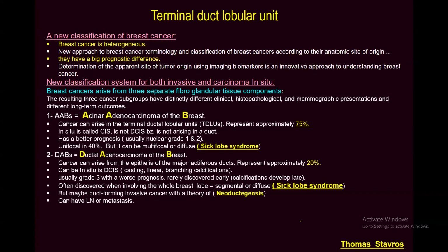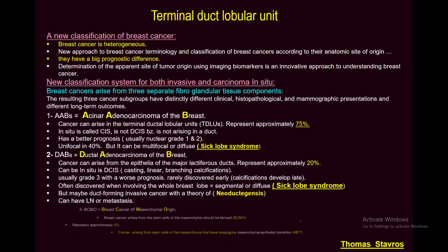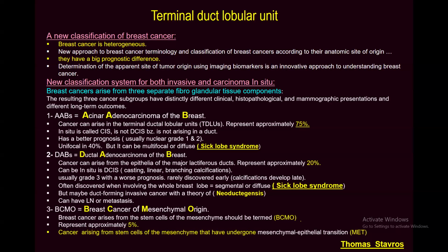But it may be a duct-forming invasive cancer, a theory of new ductogenesis, as you described just before, Dr. Nadia. We are going to discuss this area of new ductogenesis more, and it is usually presented late with lymphadenopathy and sometimes metastasis.